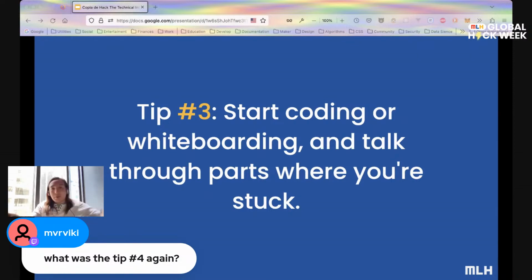And let's apply them. Let's pretend we are in a technical interview, and we are asked to resolve the FizzBuzz problem. For those who don't know the FizzBuzz problem, here are the instructions. Write a function that takes a single input, a number, and prints out one through the number.